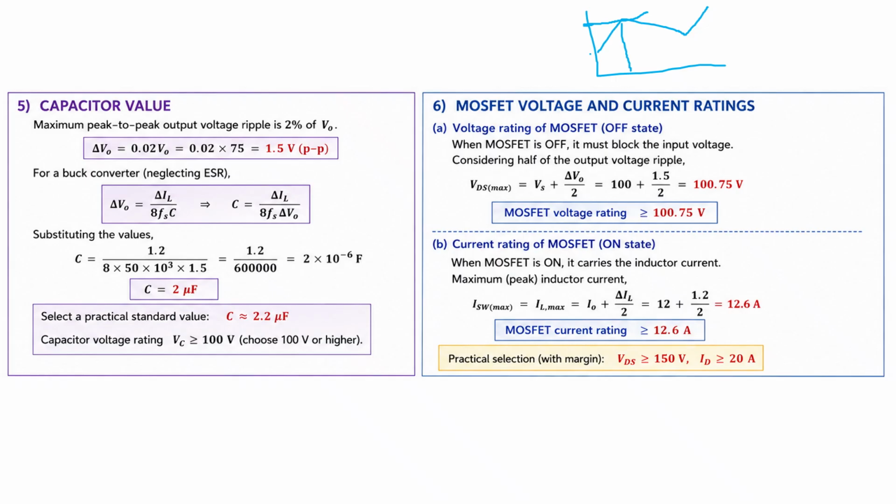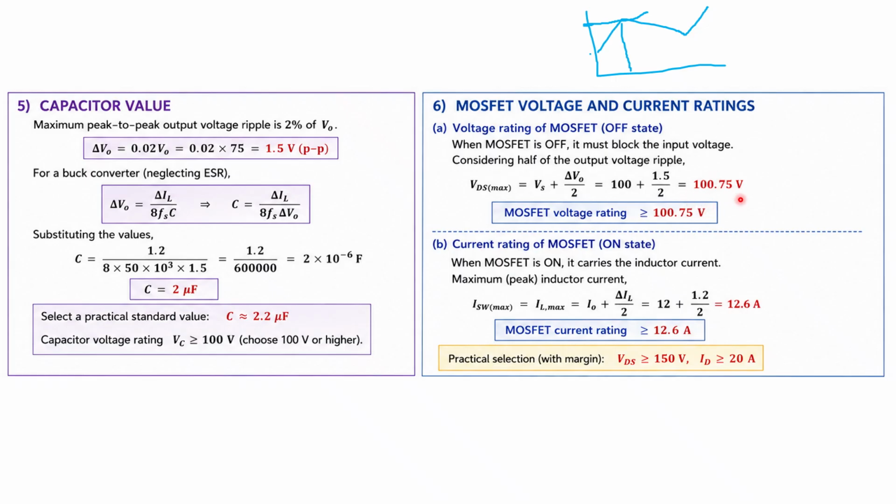So how can you find the MOSFET rating? The MOSFET rating can be calculated by calculating the peak value. What is the peak value? Vs plus delta V naught by 2. What is your Vs? Supply voltage is 100 volt and delta V naught is 1.5 divided by 2. So this is the peak value, 100.75.